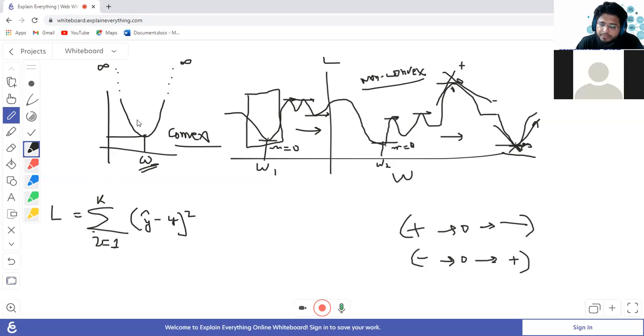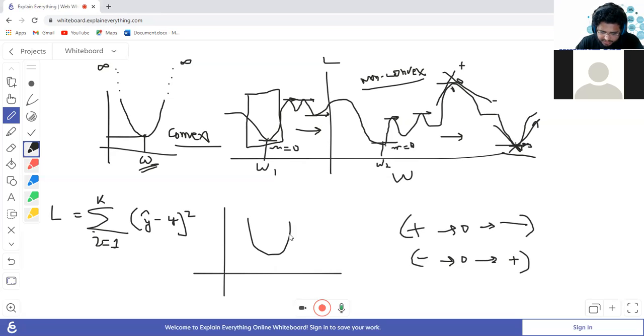How do you know that a function is convex or non-convex? In a convex function, you will have only one minima, and one maxima may be present or may not be present. In a convex function, there will be one minima for sure, and another maxima may be present or may not be present.